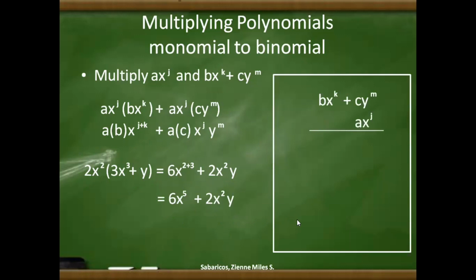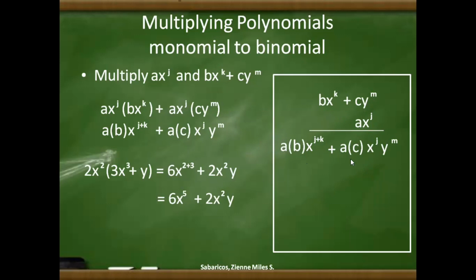There is also another way to solve this using the vertical method. So ax to the j, you multiply it to bx to the k. So it becomes a times b, copy the variable x, j plus k, plus ax to the j times cy to the m.